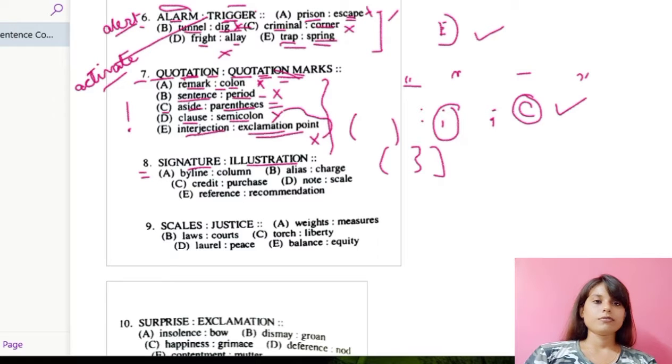So we need to find this kind of relation between the words, just like they have shown in the question. Number A is byline and column. Now byline means a line in a newspaper naming the writer of an article. So this one provides the name of the writer in a newspaper article, name of the writer.